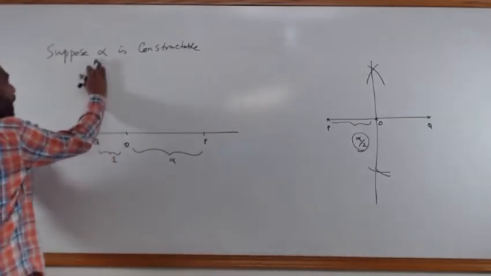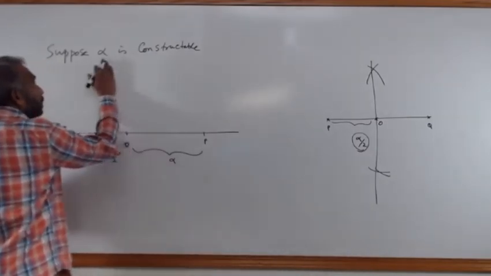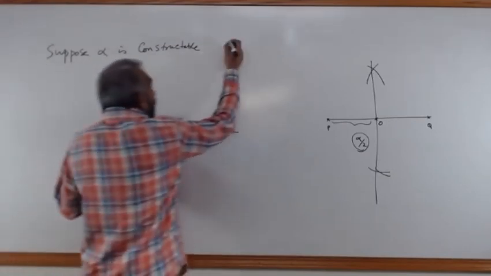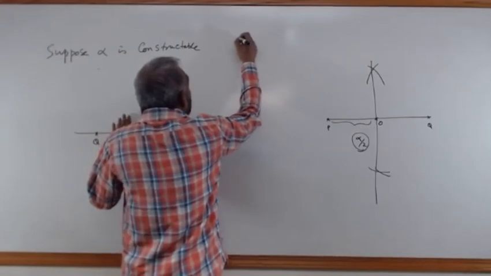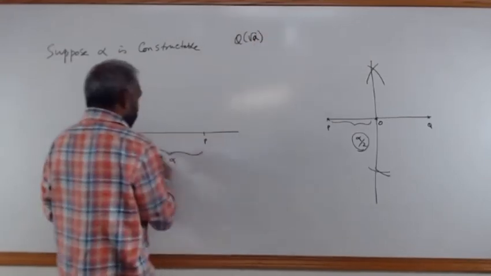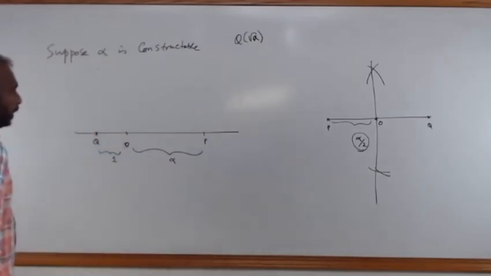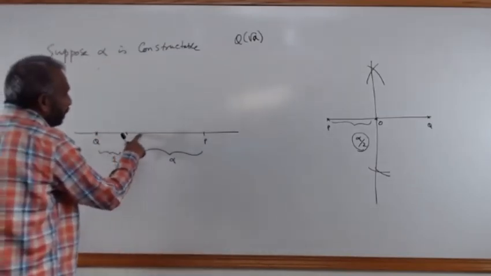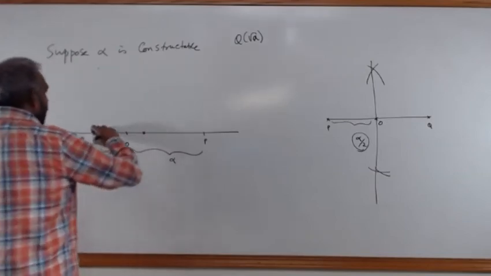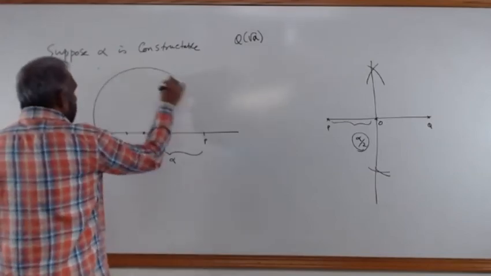This is any constructible point, doesn't need to be in Q. It could be within Q of root alpha. Now get the midpoint of this and draw a semicircle.